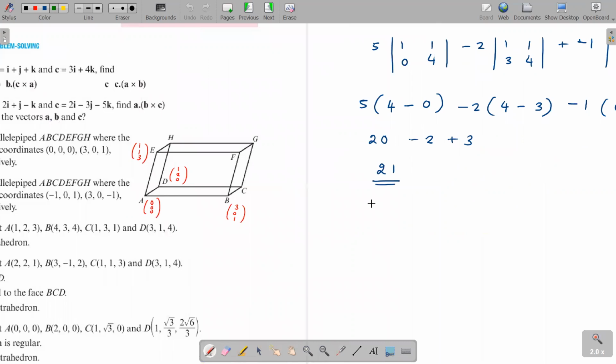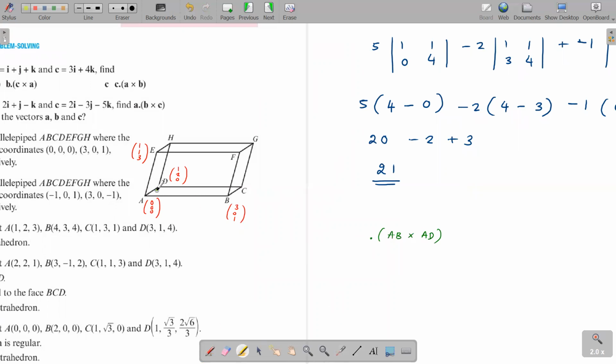First I'll get the area of the base parallelogram, which is AB cross AD. Are you with me? AB cross AD gives me the area of the base parallelogram, and then I take the dot product with whom?